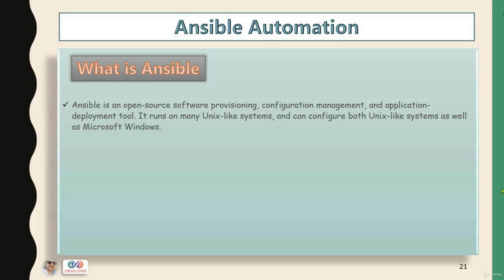That server should always be a Unix-like system on which you are going to install Ansible, and your clients could be Windows or Unix-like systems. It doesn't matter, but you cannot make your Windows machine your Ansible server. Your Ansible server should always be installed on a Unix-like system.